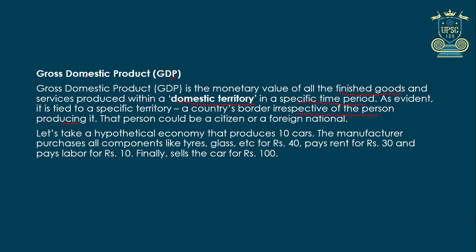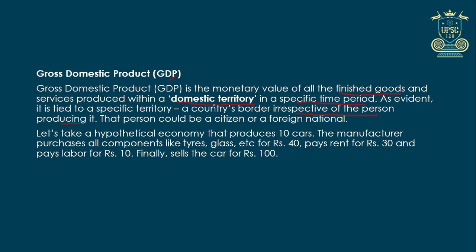So the point which we need to concentrate on in GDP is that it is the domestic territory, within Indian borders, the value of the finished goods and services, how much it is, that when we calculate, we get GDP.